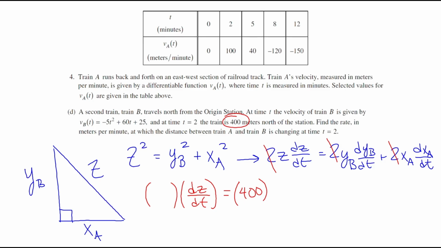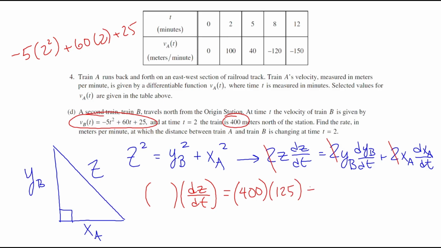So that would just be this function here evaluated at 2. So negative 5 times 2 squared plus 60 times 2 plus 25. Looks like that's negative 5 times 4, which is negative 20. And negative 20 plus 25 is just 5, and then we'll add 120 to that. So we're going to get 125 there. So we've got 400 times 125.